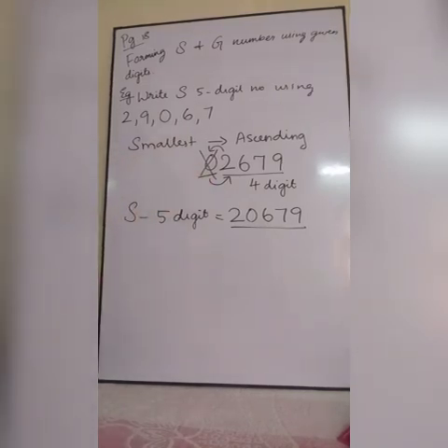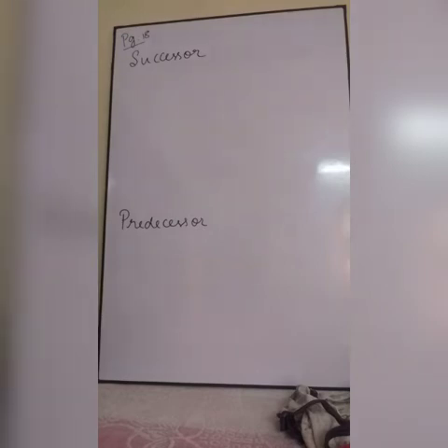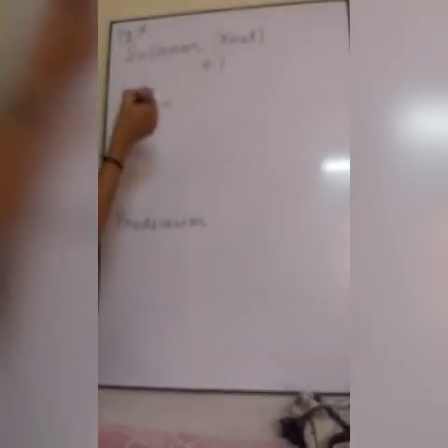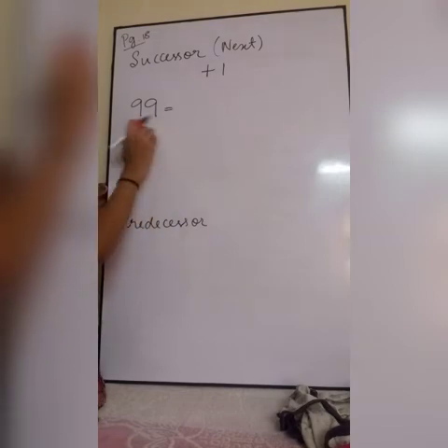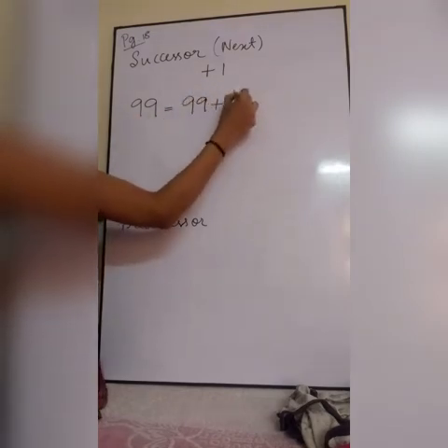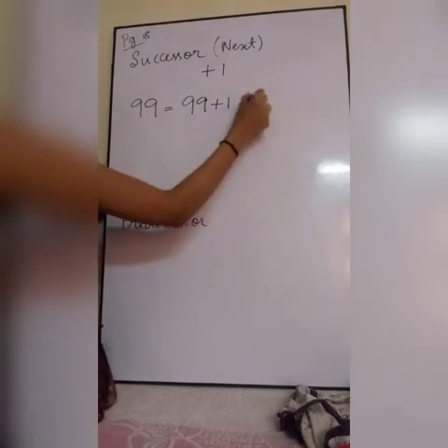Okay, children? Next is your successor and predecessor concept. This we have also discussed; I am just giving you a recall. Successor means you are going to find the next number, so you should add 1 to that number. For example, 99 is a number. To find its successor, 99 plus 1 is 100.